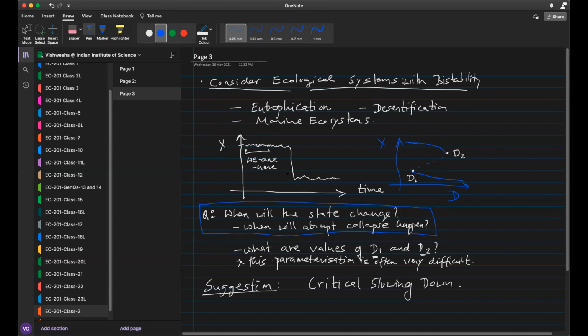That's a question to ask. You can of course ask, can I measure more about other ecosystem processes? Maybe those processes give me some indication of what might happen, how stable the ecosystem is, and so on.